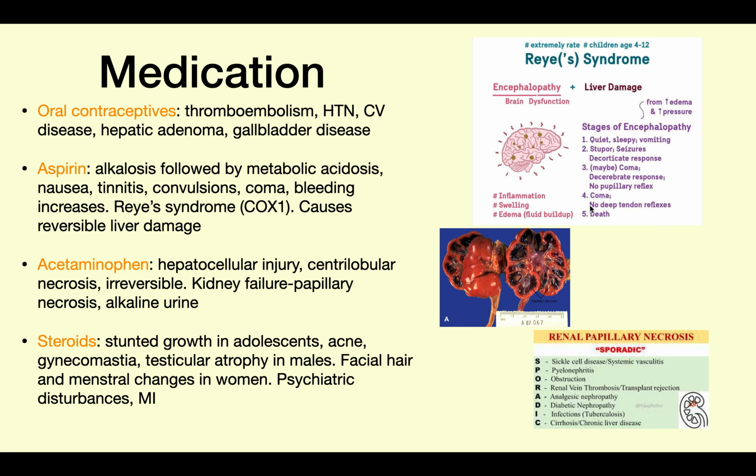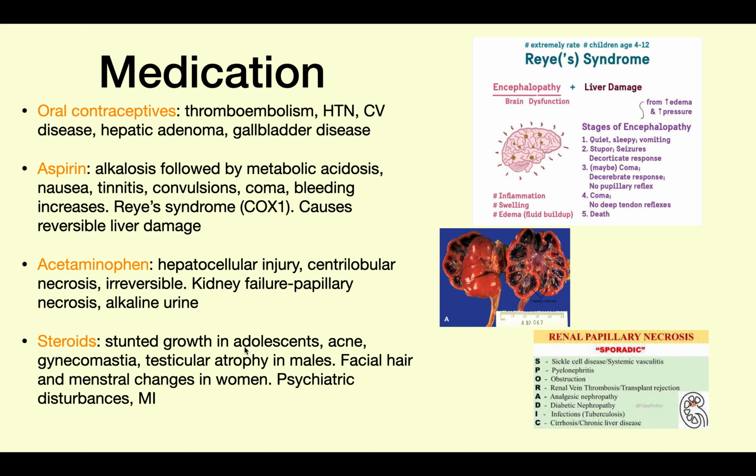Acetaminophen is going to cause hepatocellular injury, centrilobular necrosis in the liver, which is irreversible, so it's not fatty liver changes. Kidney failure due to the papillary necrosis, and it's going to result in the alkaline urine. And so in the aspirin, it's going to be acidic urine. So acetaminophen, alkaline urine.